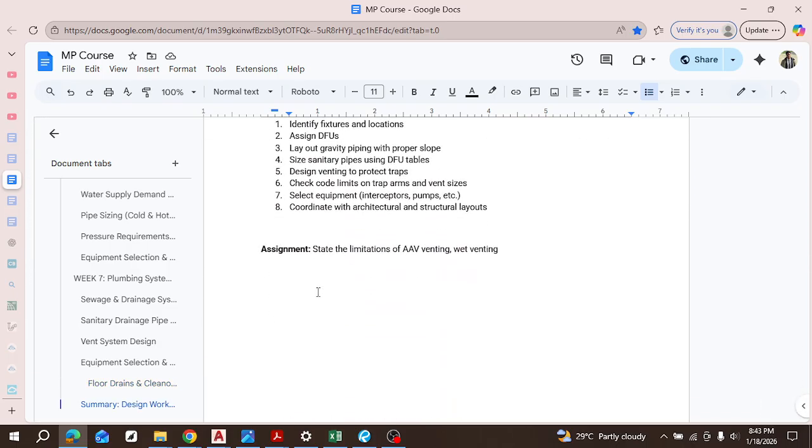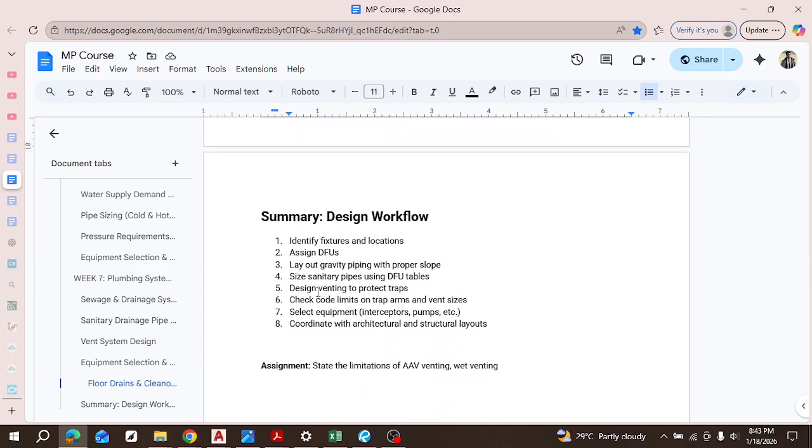So now, to summarize, when designing for sewage and drainage, you identify your fixtures and their locations on your plan, then you assign your DFUs, and then lay out your piping, and then size your pipes accordingly. Then you design your venting to protect traps.